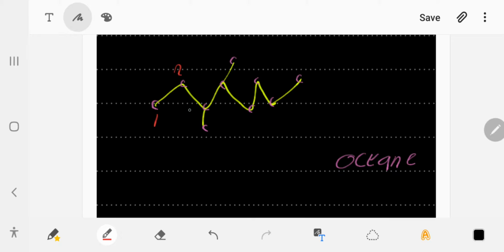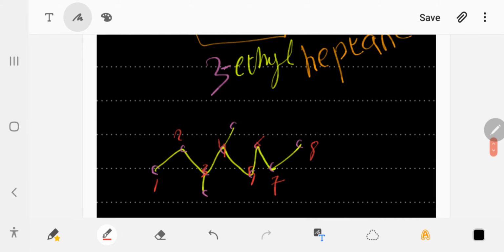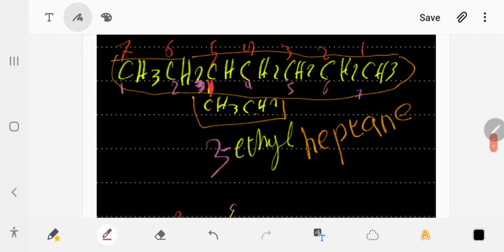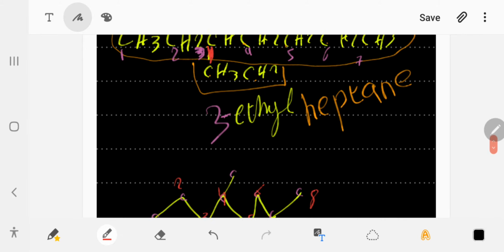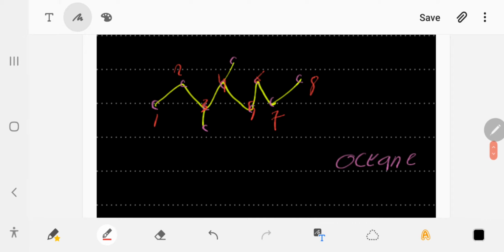1, 2, 3, 4, 5, 6, 7, 8. Now here we have a 3, this one, which is methyl, and here we have methyl. So we have 2 methyl branches. We can't write in the name methyl and methyl.